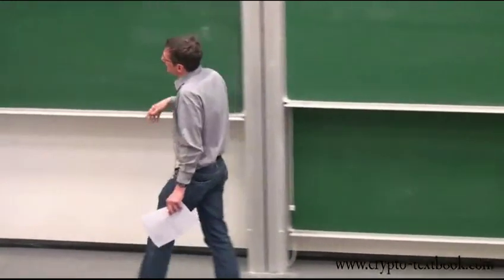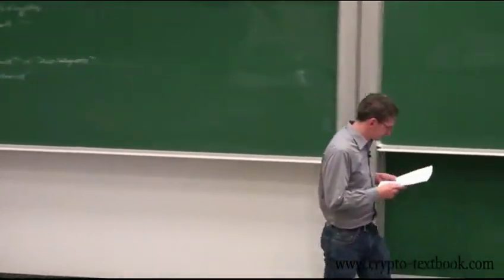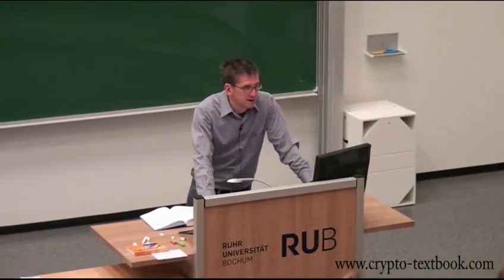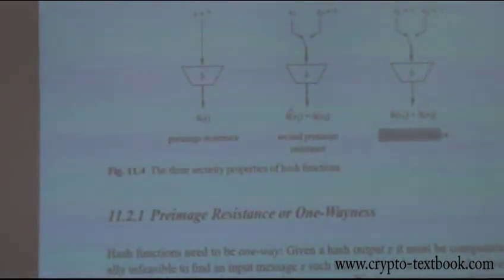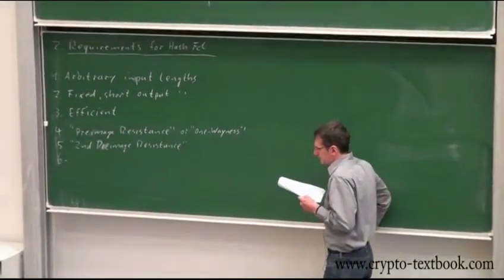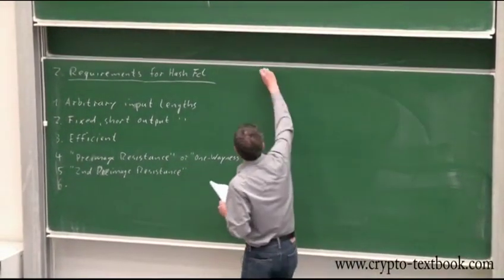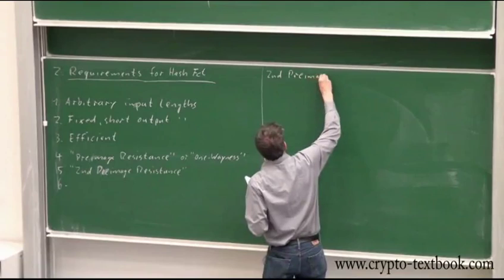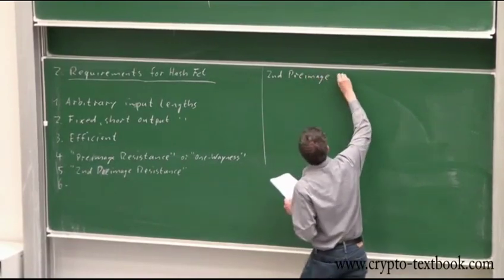So second preimage resistance means what you see here. Given is x1 and the output, and now an attacker should not be able to compute x2 with the same hash value. And why is that important? Let's discuss it a little bit. Second preimage attack.